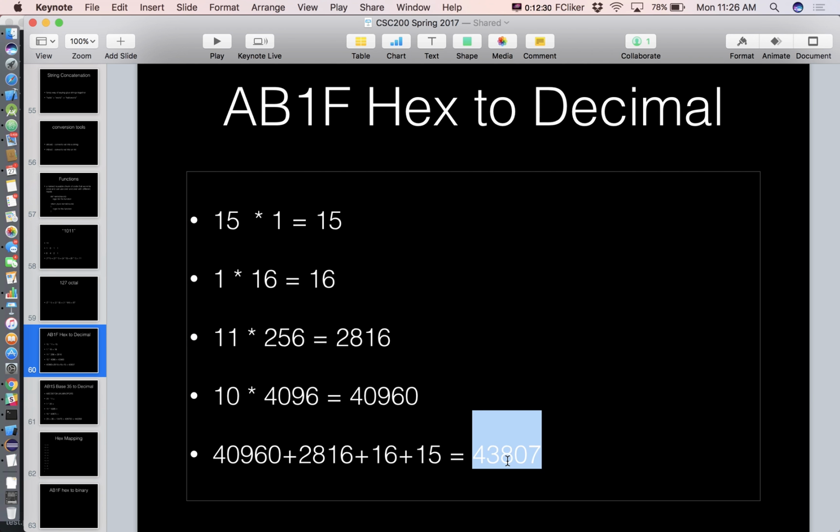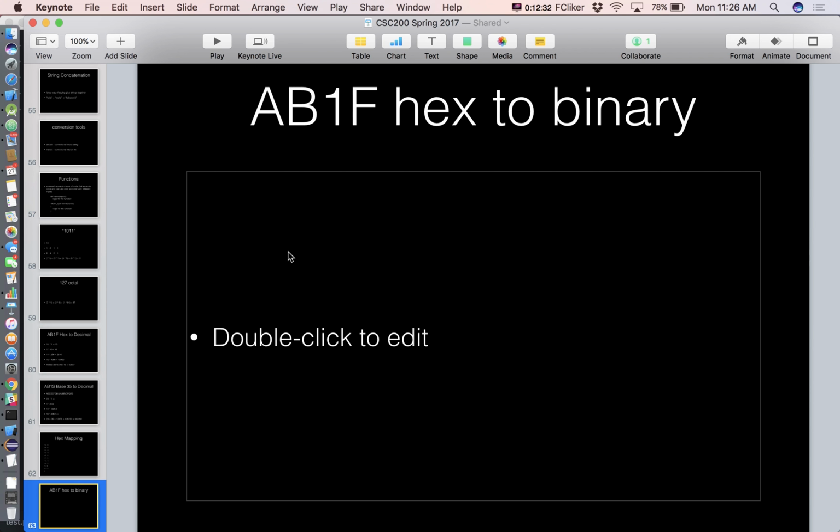So now I have that number, right? So we'll convert it to decimal first, and then with that decimal value, convert that to binary. So we keep dividing it by 2 over and over again until we get the binary equivalent. Well, there's a lot of zeros and ones that are going to go into making 43,807. That makes sense? But we could do it. It would be a long, drawn-out process. The reality is this is actually very, very easy to do, to go from hex to binary.